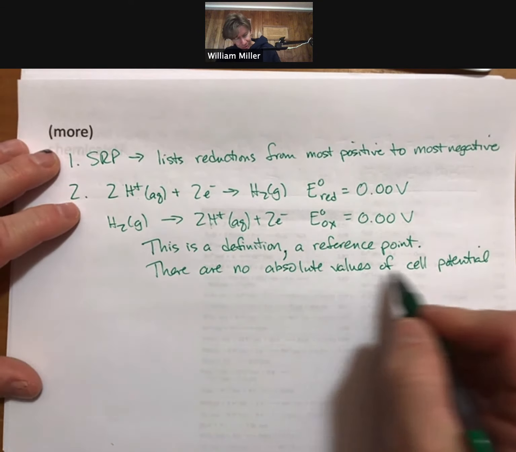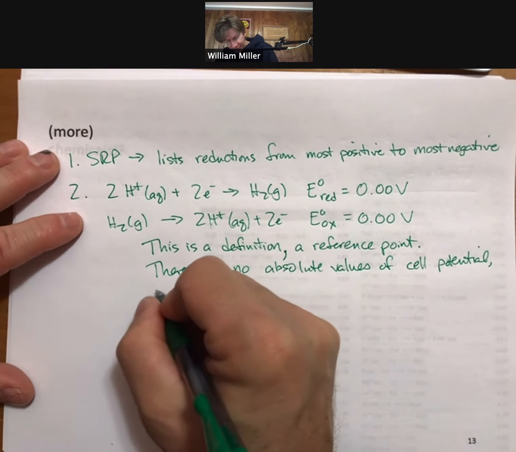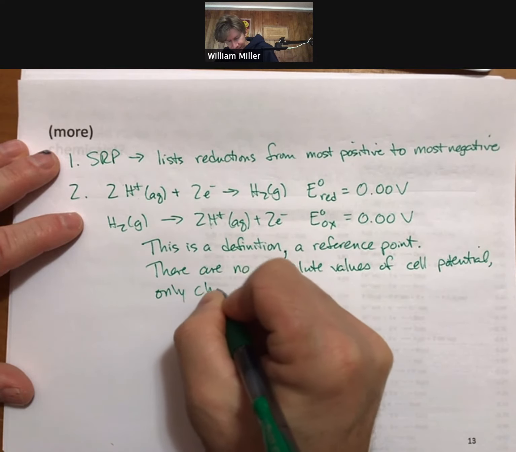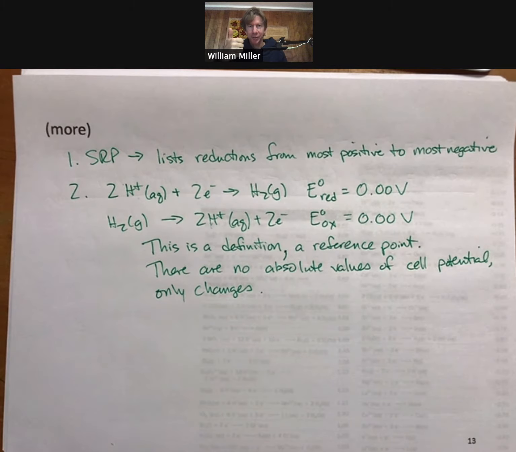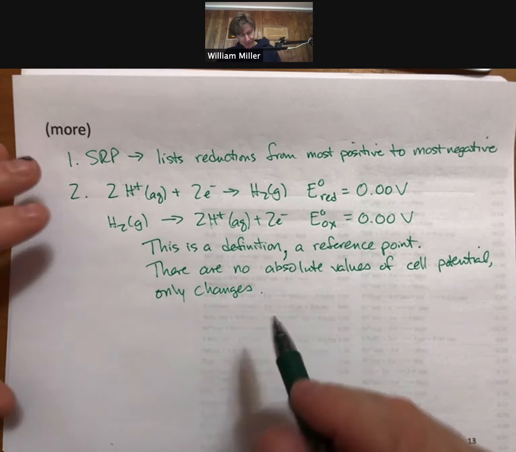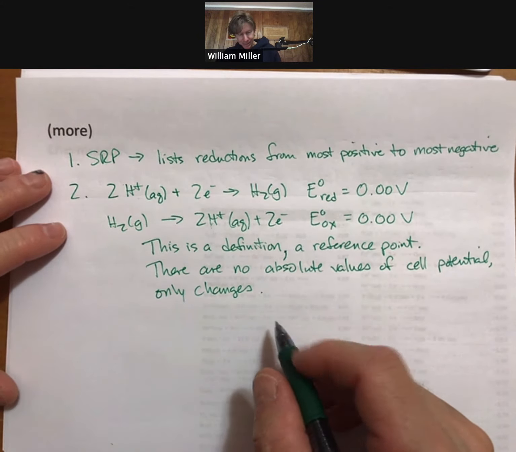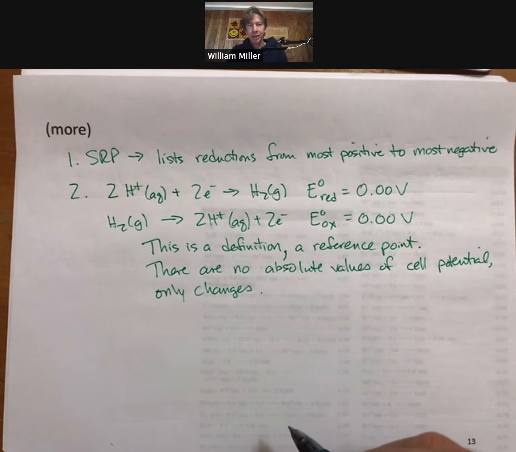So there are no absolute values in cell potential, only changes. And we've seen this before when we talk about delta HF values being 0 for the lowest energy version of the element. That is also true for free energy, delta GF values, only changes. And so you need one reference point, and this is it.